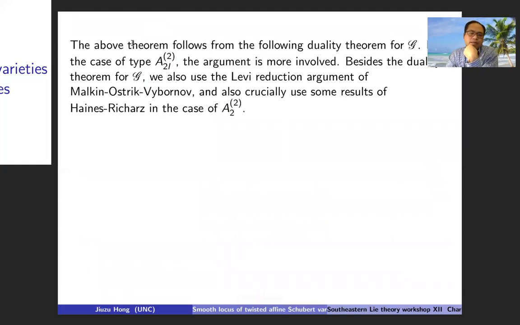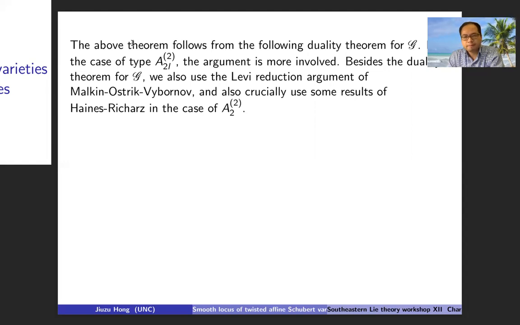So the theorem I just mentioned will follow from, as I said at the beginning, one can get a new proof of the Evans-Mikhowicz theorem by using the simple criterion.